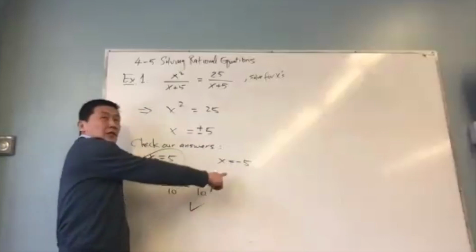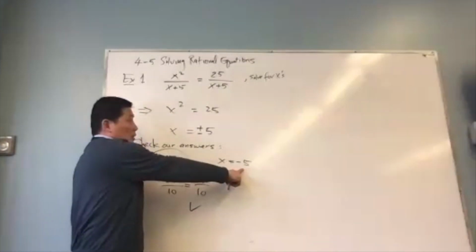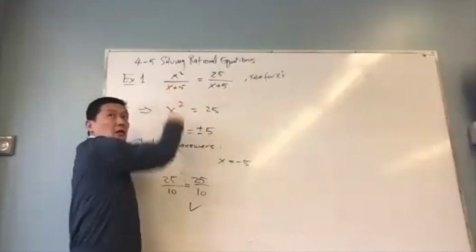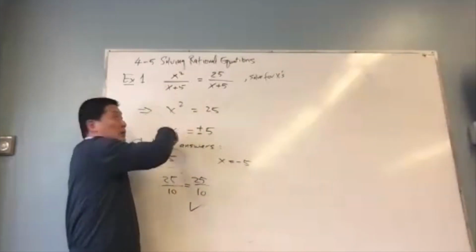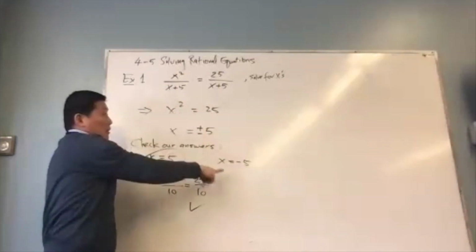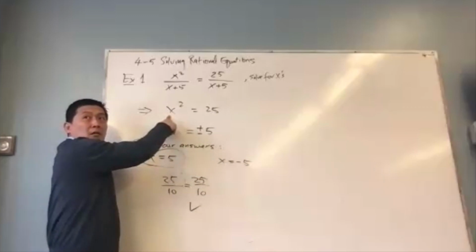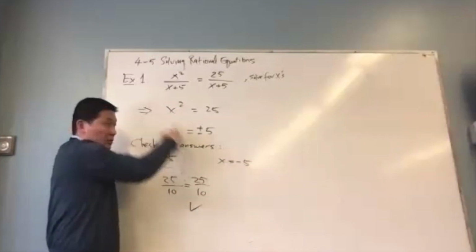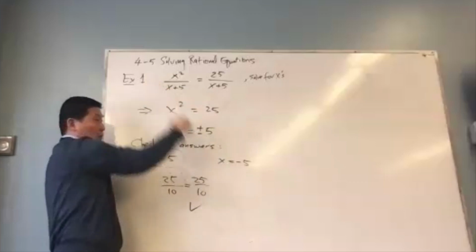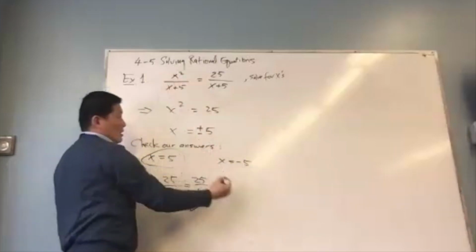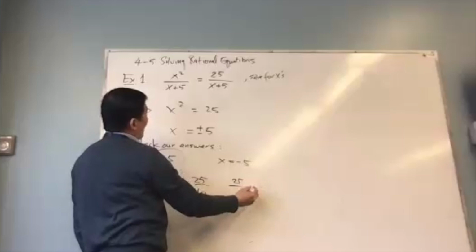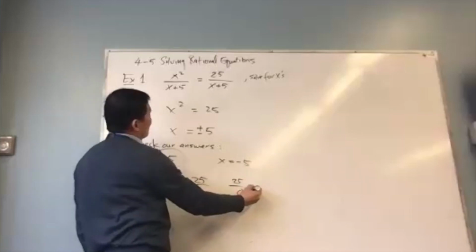Now, x is equal to -5. Do I put it back in here or do I put it back in there? Which one? If I put -5 back into here, the answer will check out, but that's not our original equation. This is our original equation. So if I put -5 here, I get 25 over 0.